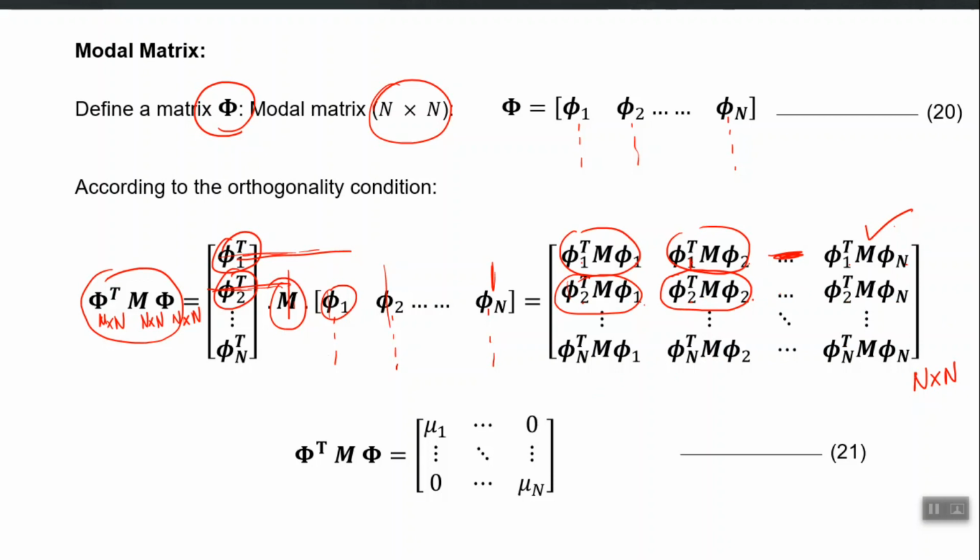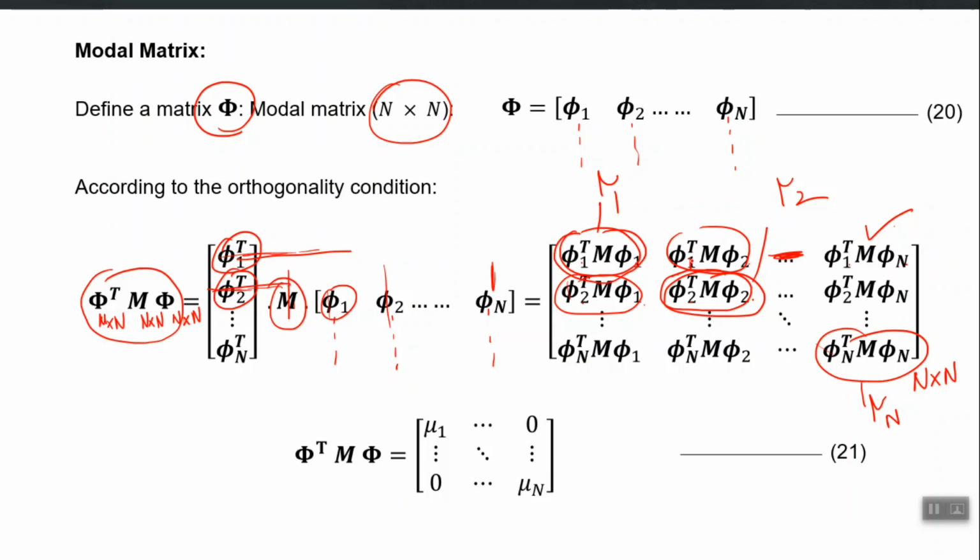The result will be that only the diagonal entries will have the same mode shapes, and therefore only the diagonal entries will have non-zero answers, and those non-zero answers will be the modal masses of each mode. So the first number is the modal mass of the first mode, this is the modal mass of the second mode, mu 2, and so on up to mu n. This is the modal mass of the nth mode, and all the terms other than the diagonal will be 0 because of the orthogonality property.